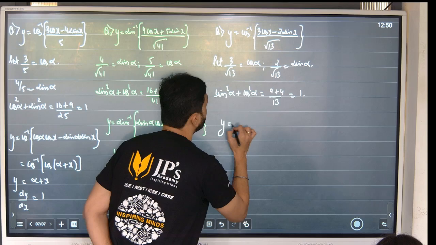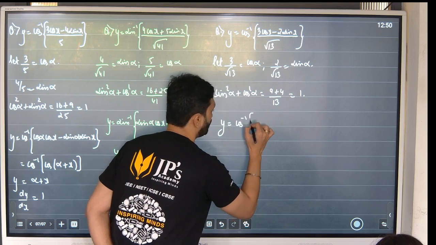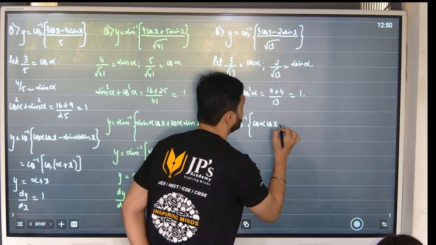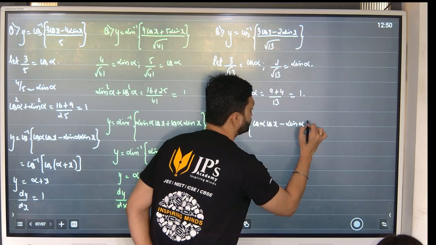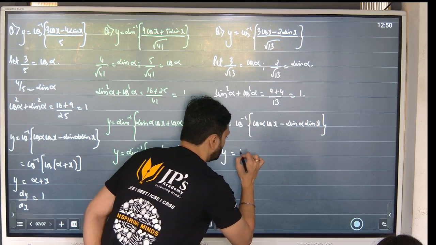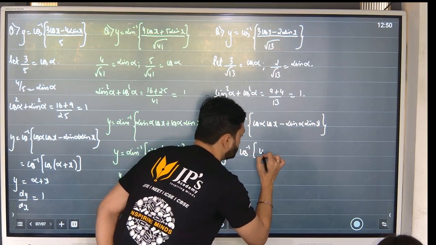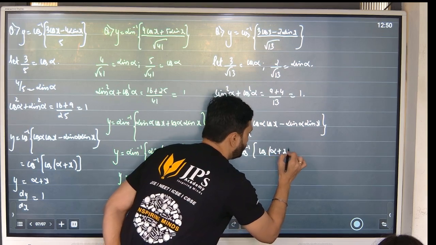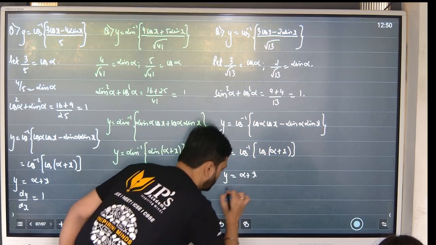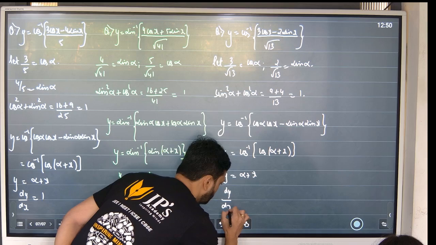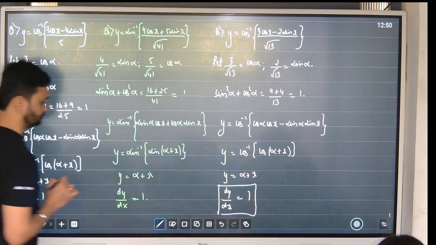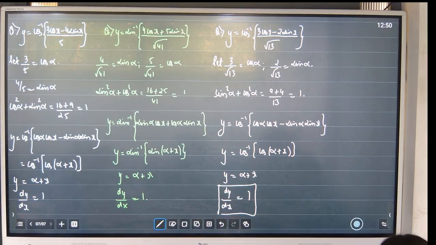Therefore, y is equal to cos inverse of cos alpha cos x minus sin alpha sin x. Therefore, y is equal to cos inverse of cos of alpha plus x. Therefore, y is equal to alpha plus x. Therefore, dy by dx is equal to 1.